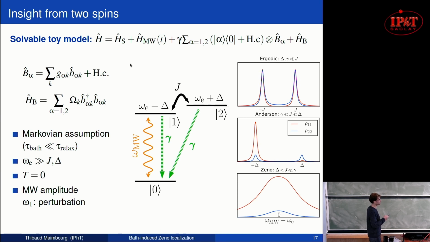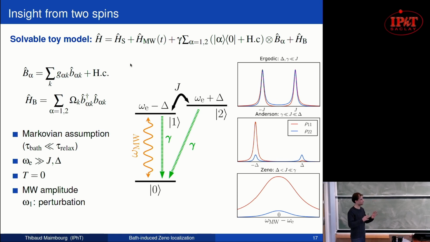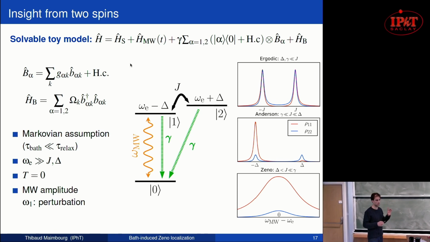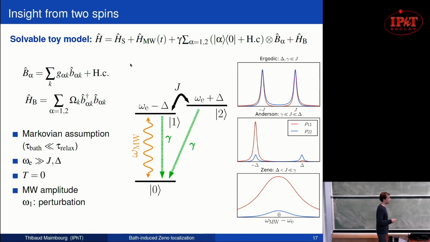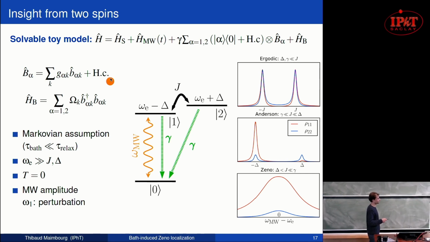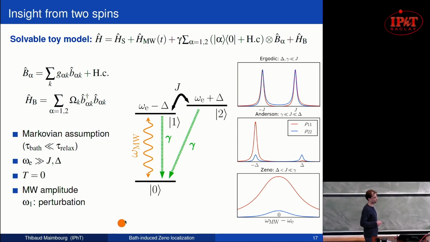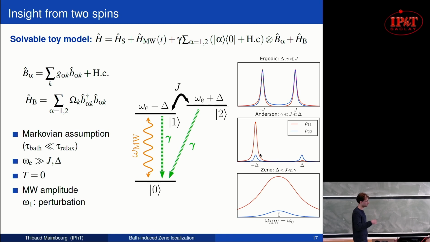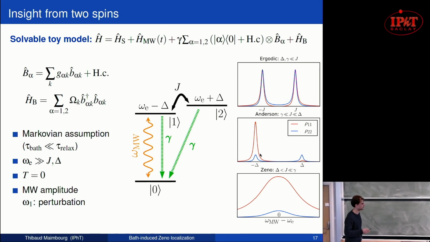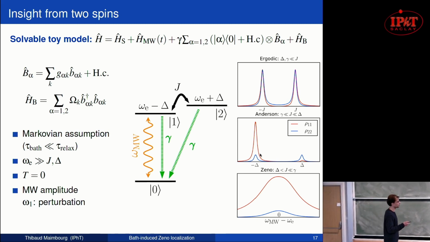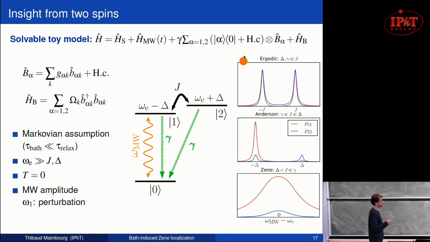And there is a way to make it solvable: you take 2 spins and you irradiate only one of them. So spin 1 will get the microwaves. And then you truncate: you just consider the 3 lowest levels, because the highest one doesn't do anything in the physics here. And you couple the system to a local bath of standard bosonic modes.